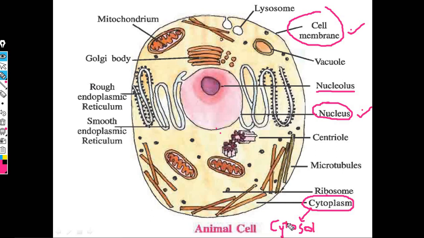So if you remove all organelles, I hope you are clear with the word organelles. What do you mean by organ? Just like an organ system in the body, here also the cell has some small structures, so you can call them organs, but these are very small, so you call them organelles.